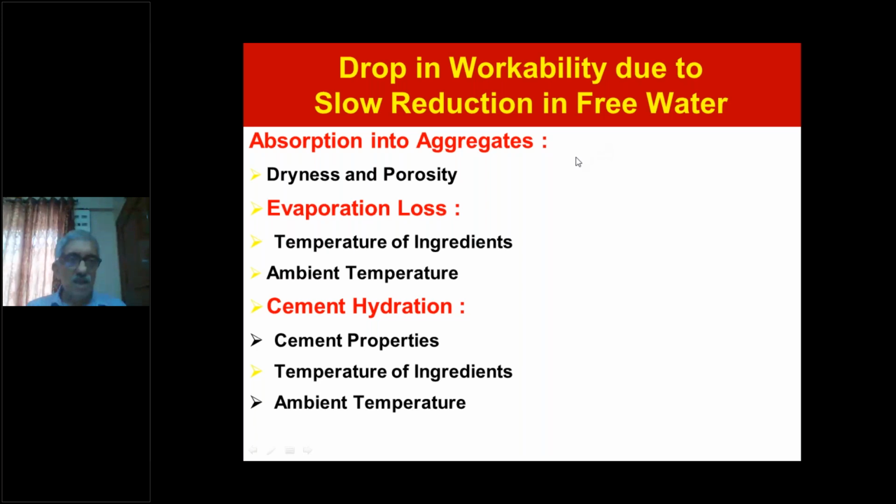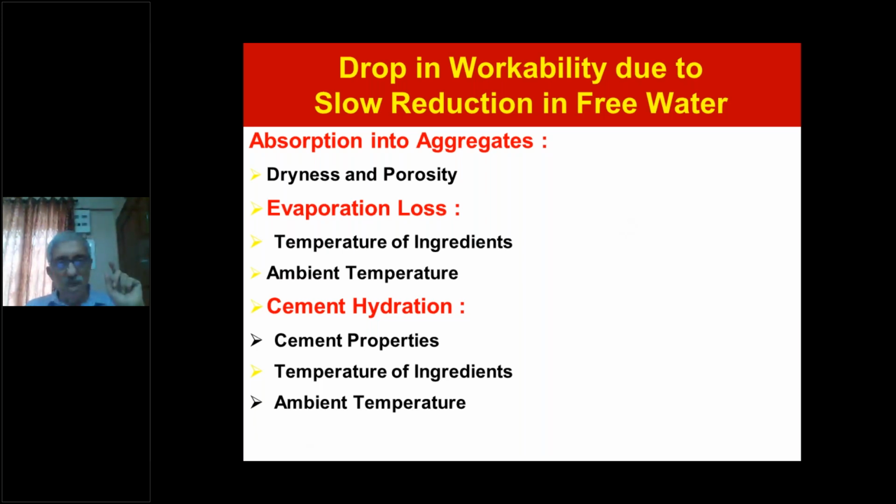Now, this problem of absorption into the aggregate can be solved by spraying water on the dry aggregates and letting them absorb the water and get saturated so that they don't absorb further water.